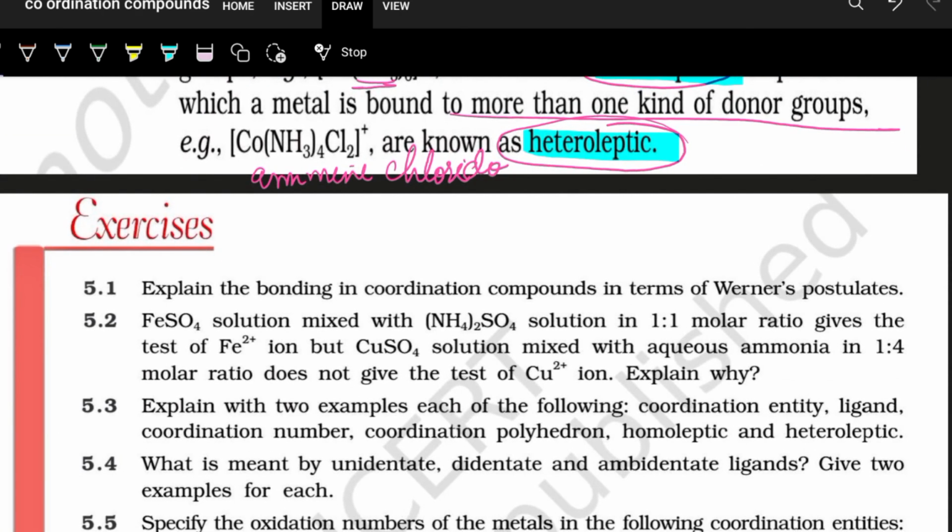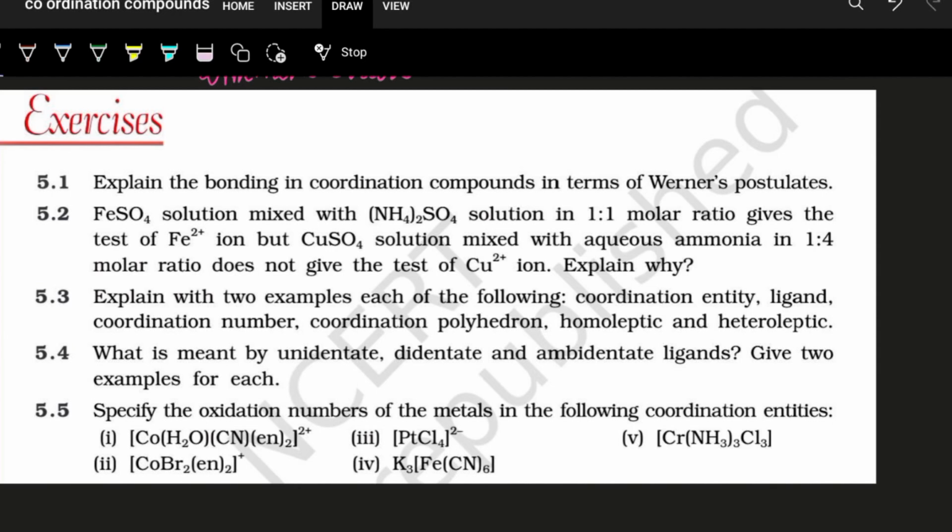Now seeing the exercise question related to your session 1 and session 2, we have seen the postulates of Werner in the previous part. We have seen Mohr's salt: when FeSO4 solution is mixed with (NH4)2SO4 in 1:1 molar ratio, ferrous sulfate and ammonium sulfate, it gives you the test of Fe2+ ion.